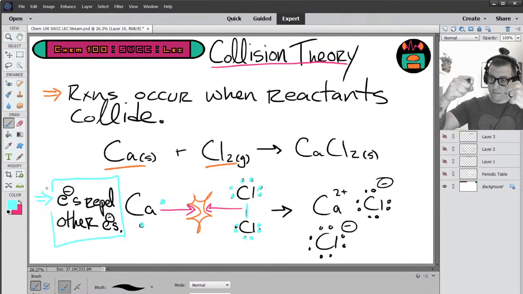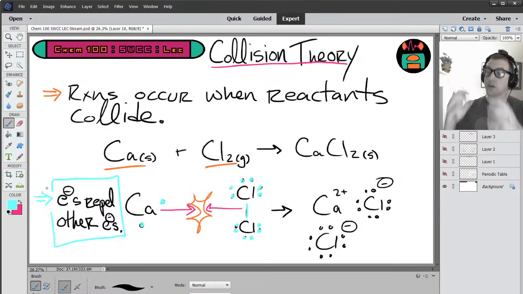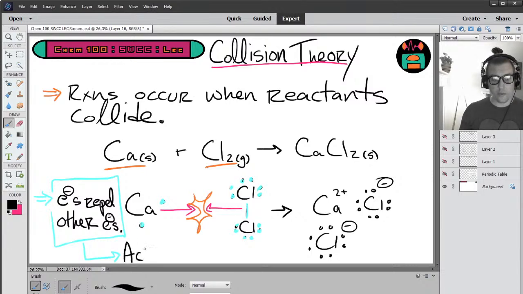Before the reaction can happen, your two particles have to collide, but the closer they get, the closer their electrons come to being in contact, and the more the electrons repel each other, all right? And this phenomenon, the fact that electrons repel each other, is why every reaction has what we call an activation energy, or a barrier to activation.